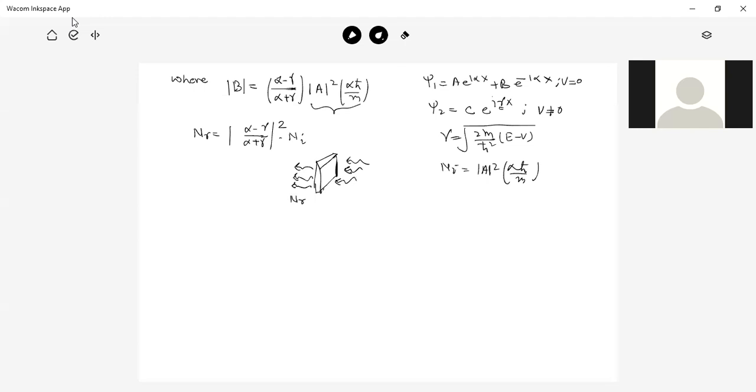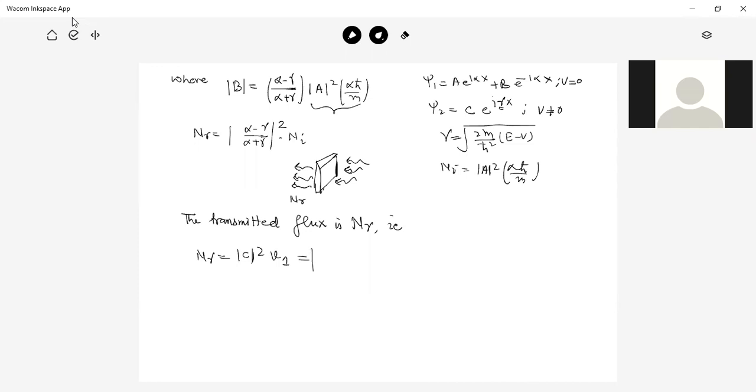The transmitted flux is N gamma, as N gamma is equal to C square V1.